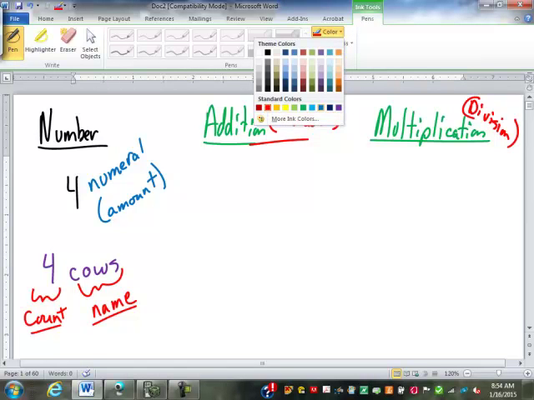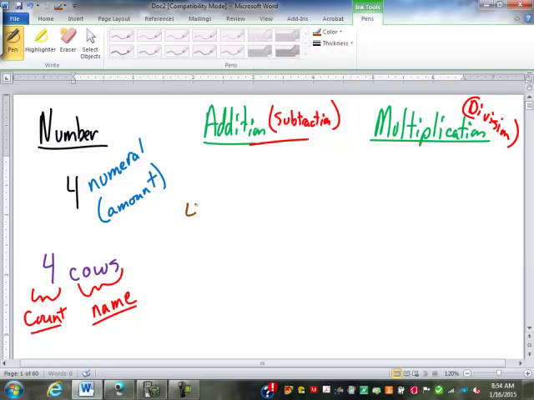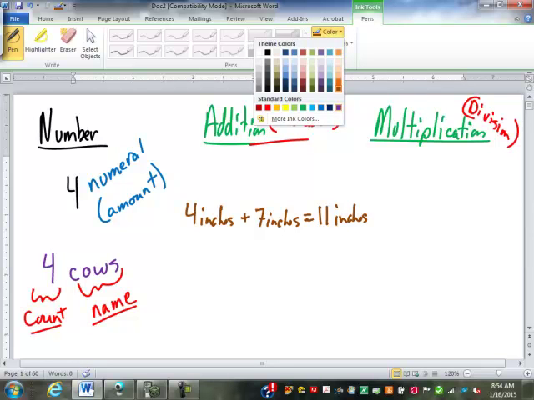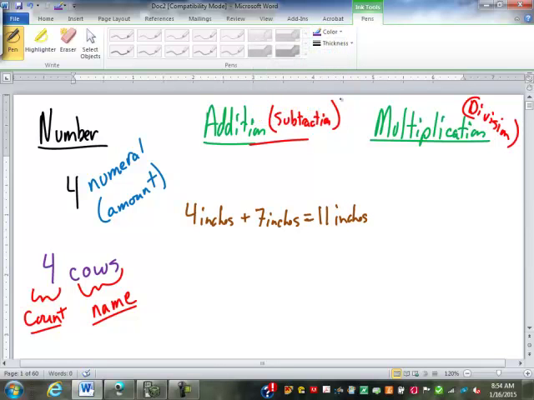So let's do an example here. Let's say we take 4 inches plus 7 inches. What do we get? 11 inches. Good. Probably not what you were looking for out of today, but let's break it down into the two parts of the number.